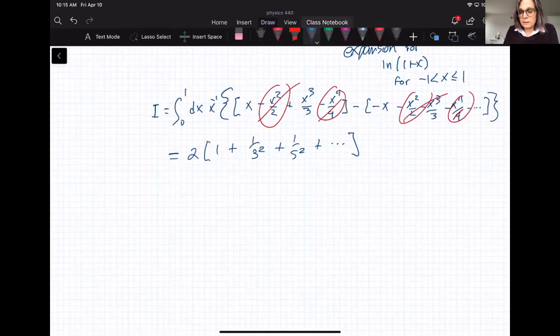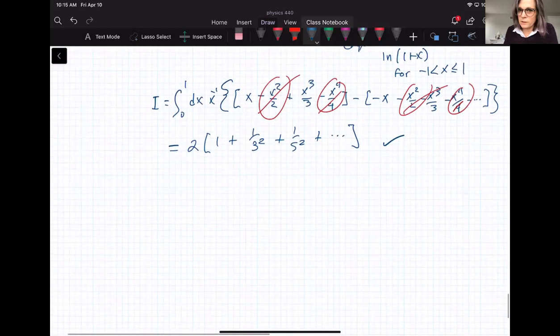We could leave it like this, and it's a perfectly fine answer. It does suggest a series. One of the things that I kind of skipped over and will come back to are special integrals.